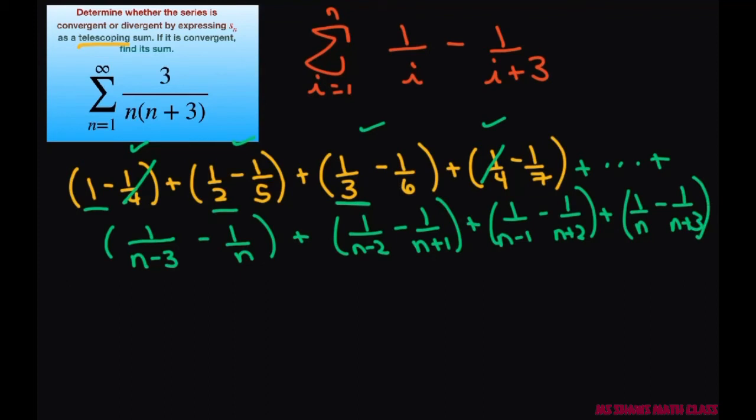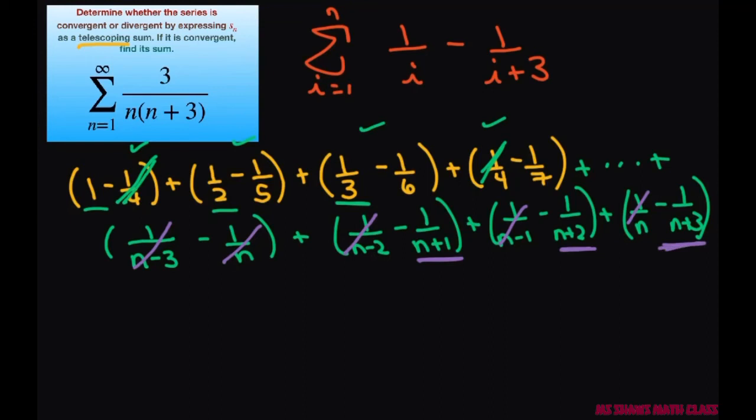Now, what's going to happen is, since these 2 canceled here, that means these 2 are going to cancel here. So we're going to have n minus 3 is going to cancel. These 2 cancel as well. This cancels. So what we're left with is this one, and this one.